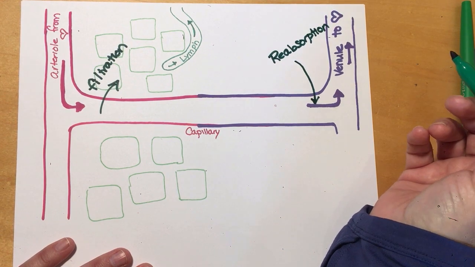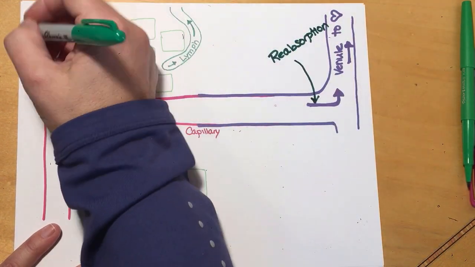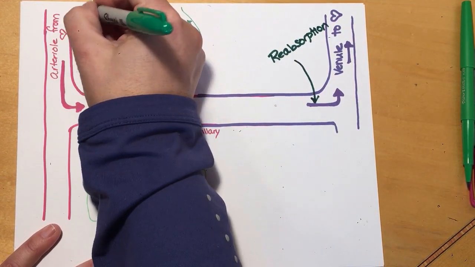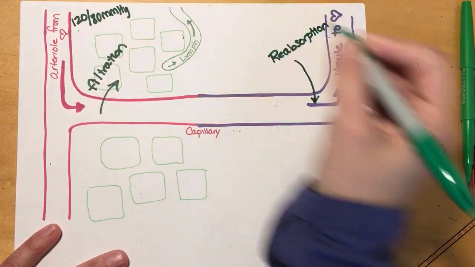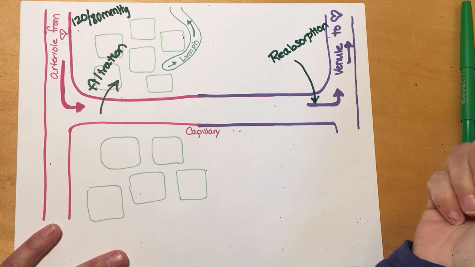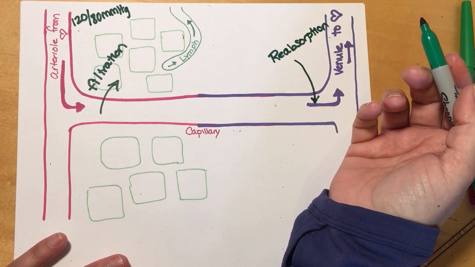The first one is the pressure from the heart. So we know that the heart beats and standard blood pressure is 120 over 80 millimeters of mercury, which means that at the heart, the contraction of the ventricles goes up to a maximum of 120 millimeters of mercury.